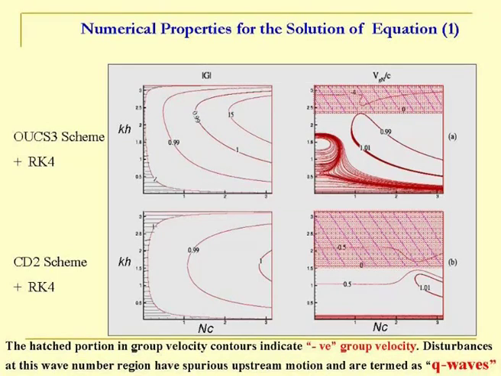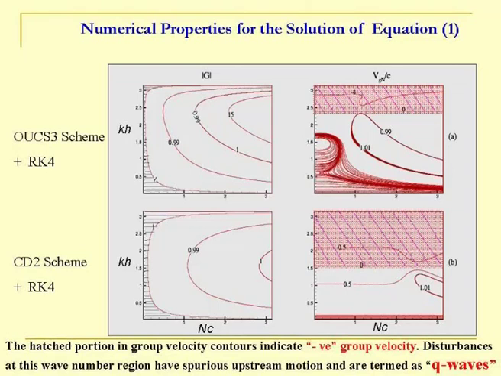Now there is something that we already have seen, and that is about this dashed region here in this figure and in this figure, where we are showing the group velocity normalized contours for this type of combination. So this is a 4-stage Runge-Kutta method used with that compact scheme that we have talked about, and this is the CD2 scheme with RK4.